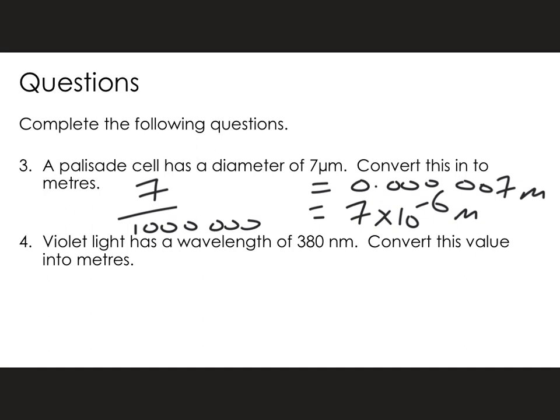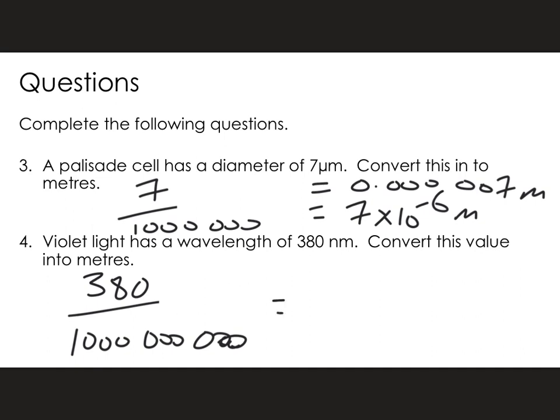The final question, question 4, says violet light has a wavelength of 380 nanometres, we'll just convert that value into metres. So again, you can do the 380. We're going to divide it by 1 billion this time. And then we put the number into a calculator to find the answer.